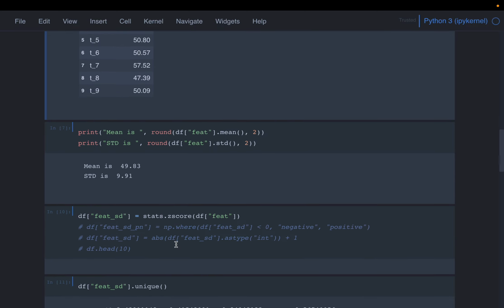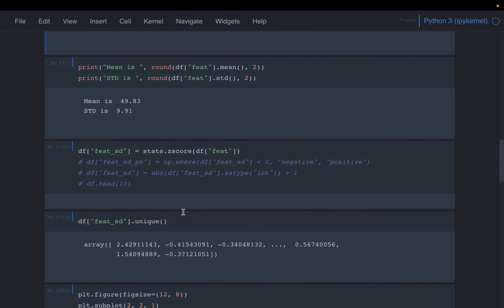As I mentioned, we are going to compute how many standard deviations away from the mean each value is. That is represented by a quantity known as the z-score. Let me comment this. The z-score from statistics simply computes how many standard deviations away from the mean the value is.